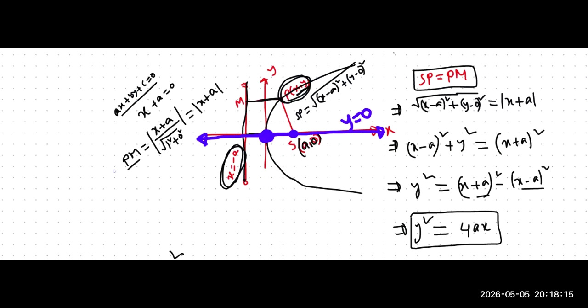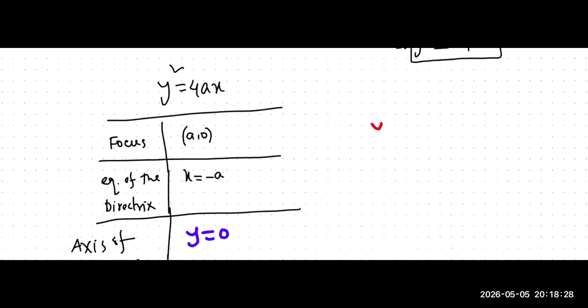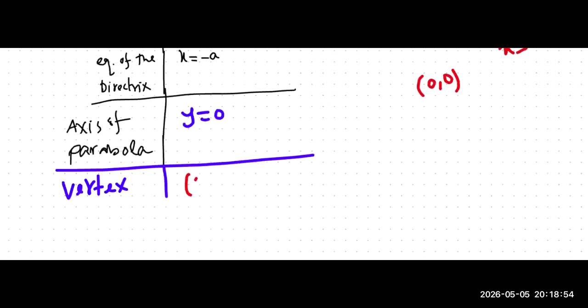So in this case, our axis of parabola is y is equal to 0, and the equation of parabola is y square is equal to 4ax. So if you put y is equal to 0 in this equation, 4ax is equal to 0. So the x quantity is also 0. So the vertex of this parabola is 0, 0.